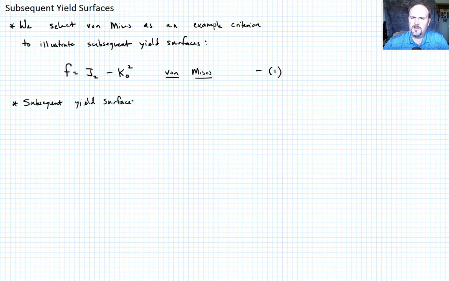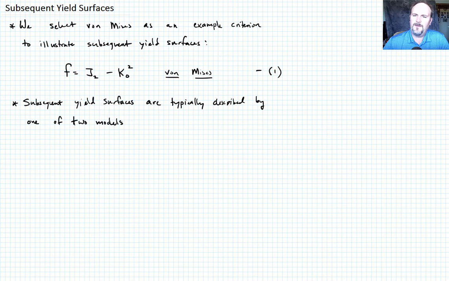Okay, so subsequent yield surfaces are typically described by one of two models. Obviously I could also combine these models.